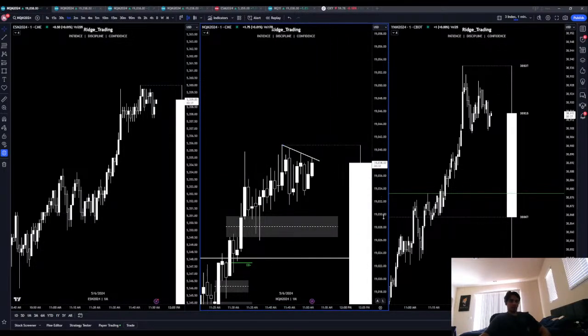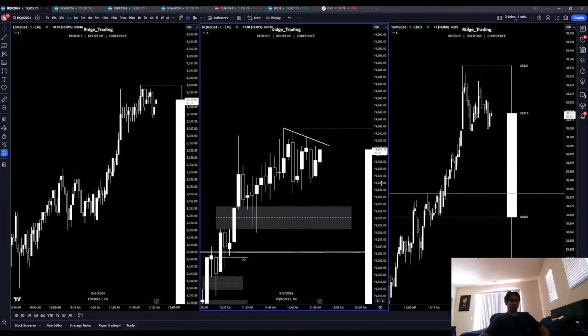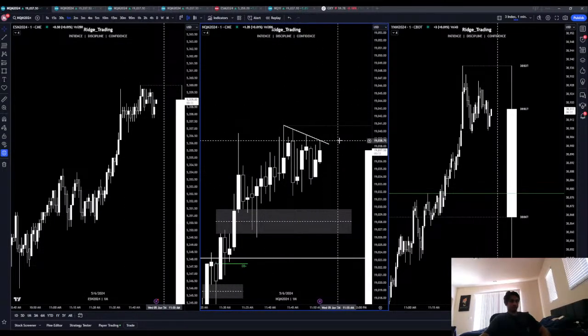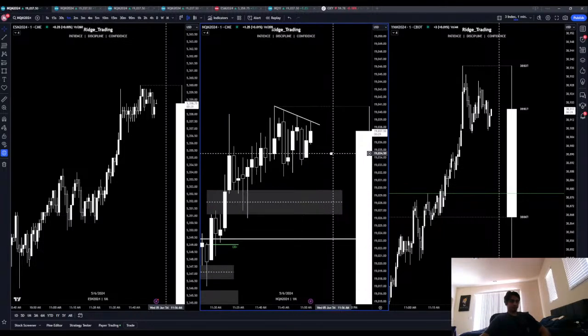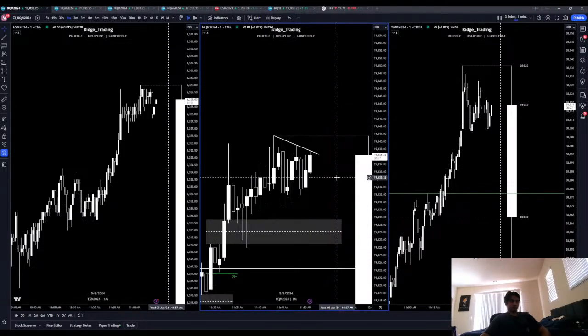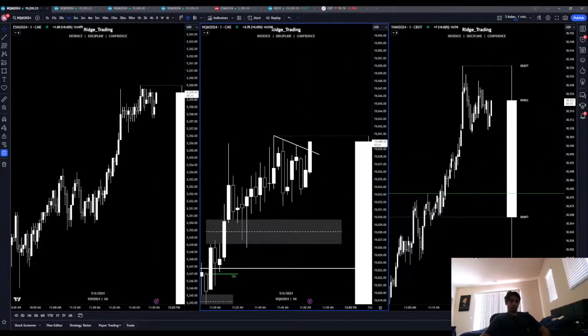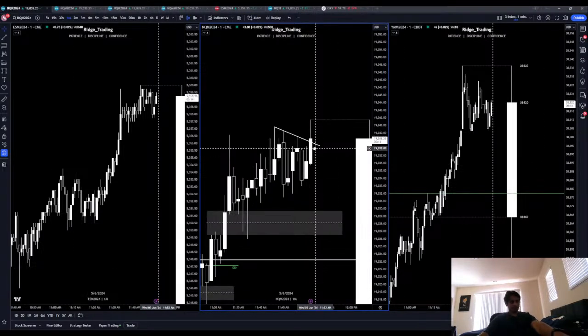Creating little low resistance liquidity here. Boom, popping out of it. Okay, took it.